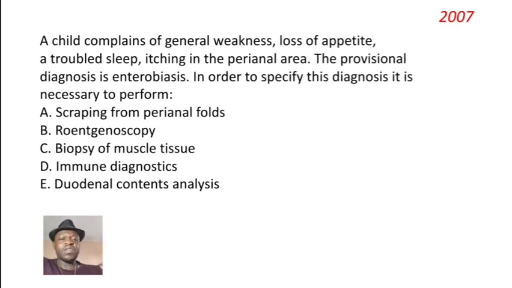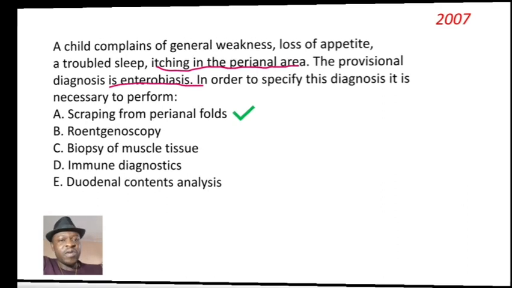That's how you collect the specimen. Scraping from perianal folds is your answer. I think this is the third time, and this one is twisted, because if you understood the previous question on Enterobius vermicularis, this question is just a walkover.